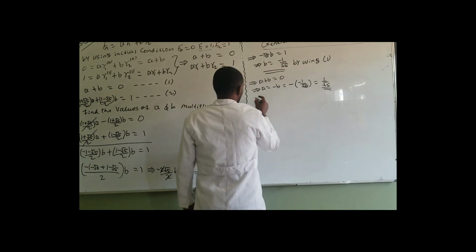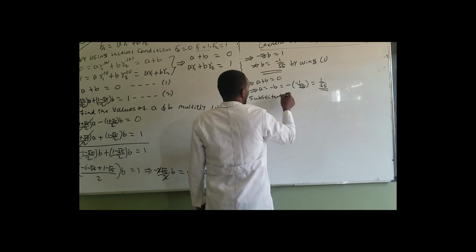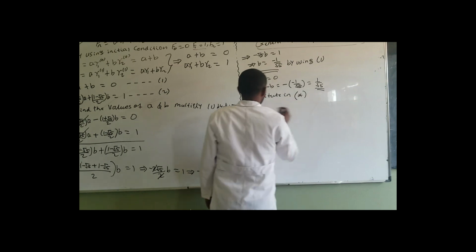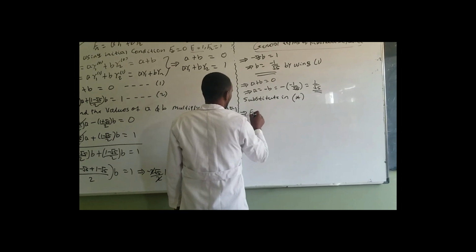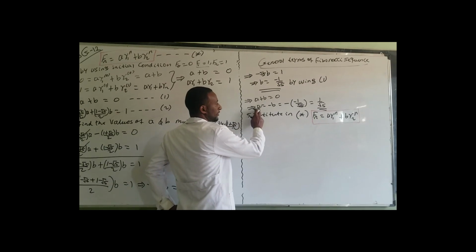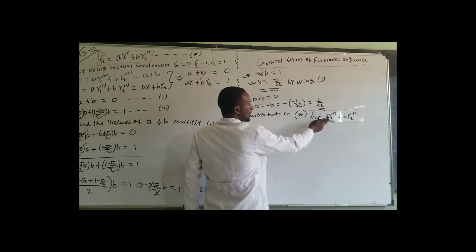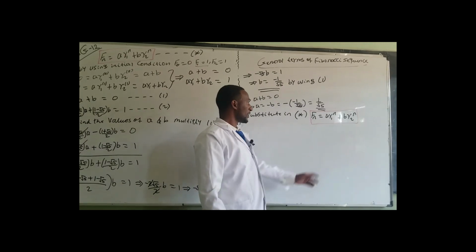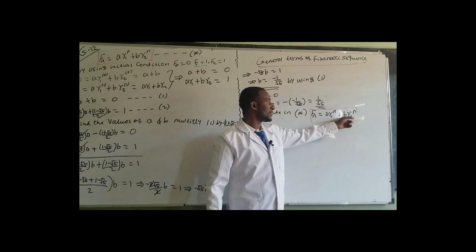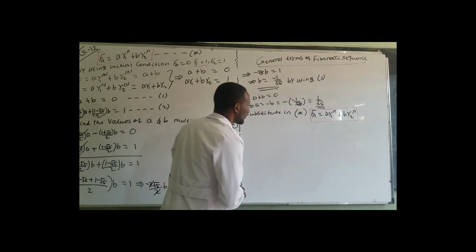This implies that f of n is equal to... When we substitute the value of a in this formula, we also replace r1 in this formula and b, and also we substitute r2 in this formula.